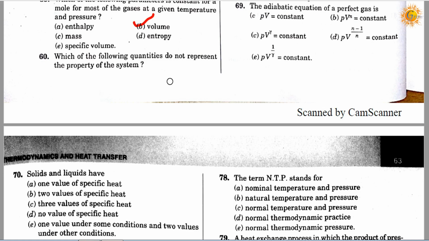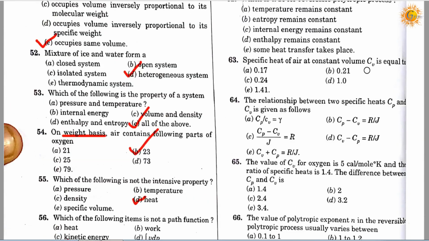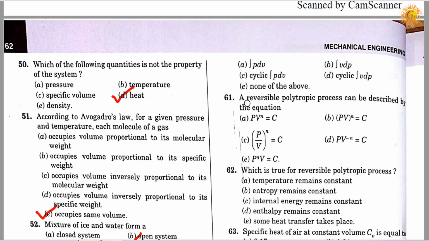Option A, integration of PdV; option B, integration of VdP; option C, cyclic integration of PdV; option D, cyclic integration of VdP; and option E, none of the above. So the correct answer is E, none of the above.